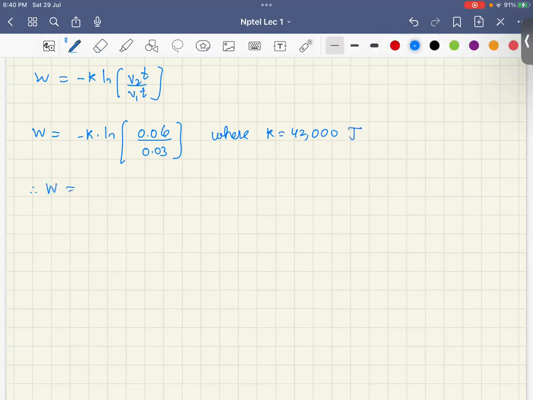Therefore, W is nothing but minus 42000 into ln of 0.06 divided by 0.03. Therefore, it comes out to be minus 29112 joules, right? So this is the answer.